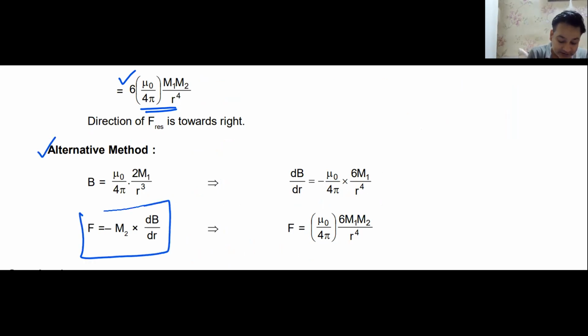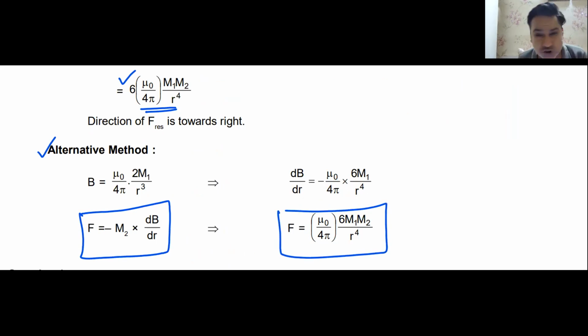The other way to calculate this is a very, very nice method. And this method will give you a very important shortcut to remember the force between two dipoles, whether they are two magnetic dipoles or two electric dipoles. This formula is also valid if you have two current carrying loops and someone asks you what is the force between these two current carrying loops. Are you getting my point? Yes, sir.